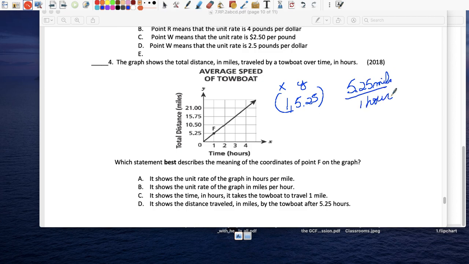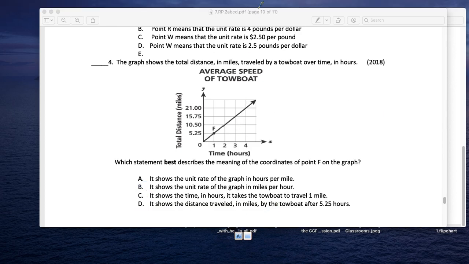That's what that says. It shows the unit rate of the graph in hours per mile, not hours per mile. No, it shows the unit rate of the graph in miles per hour. There we go. Winner. Don't even bother reading the rest. It shows the time in hours it takes the boat to travel 1 mile. What the heck? It shows the distance traveled in miles by the towboat after 5.25 hours. Please. So it's B.